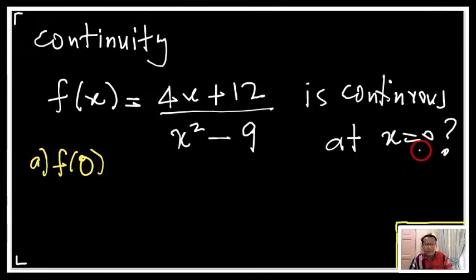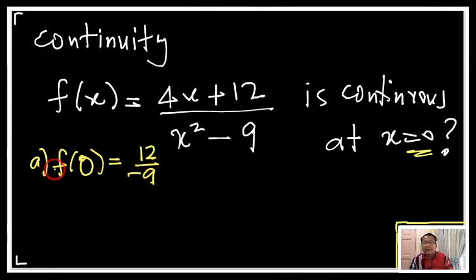0 comes from here, at 0. So you substitute here, you have 0 plus 12. So this one is 12 over 0 minus 9, negative 9. It exists.